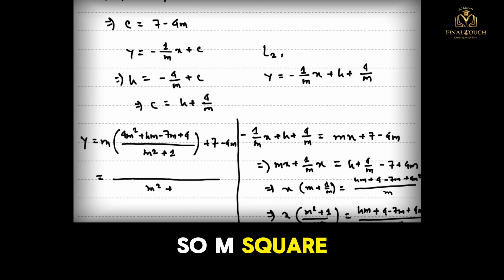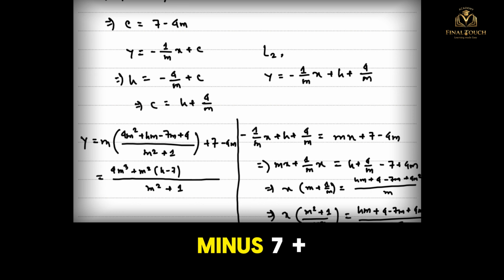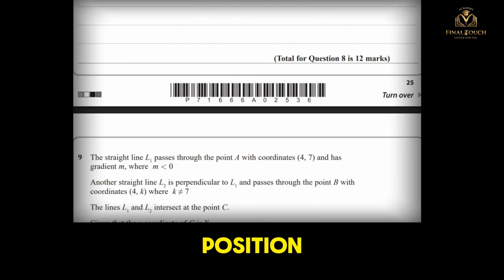So m squared plus 1. We ended up with 4m cubed plus m squared into k minus 7 plus 4m, and this one should be 7m squared plus 7.